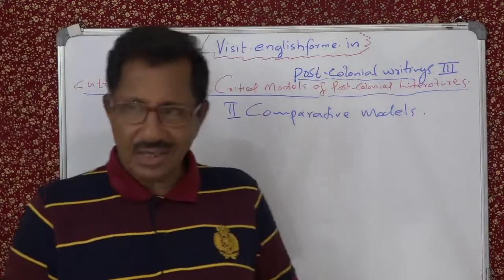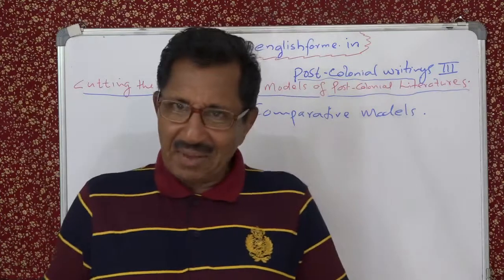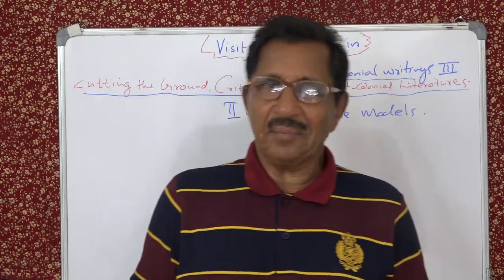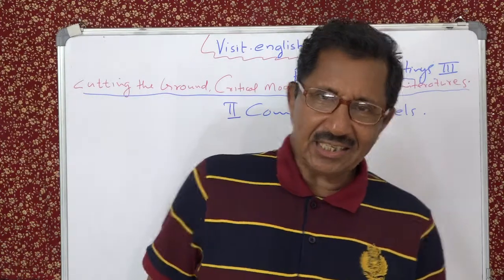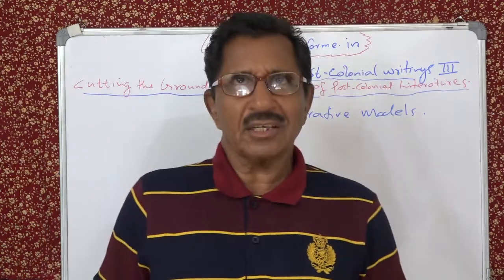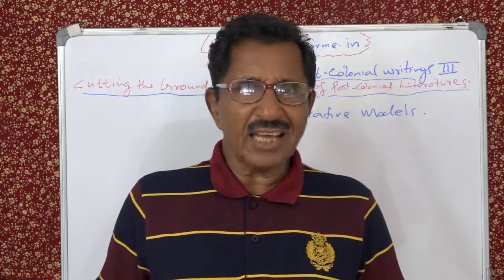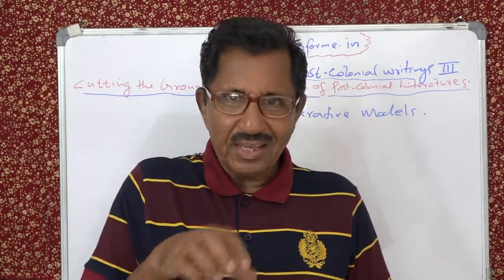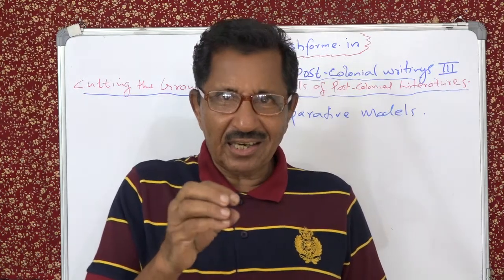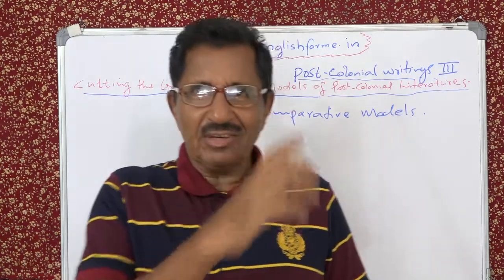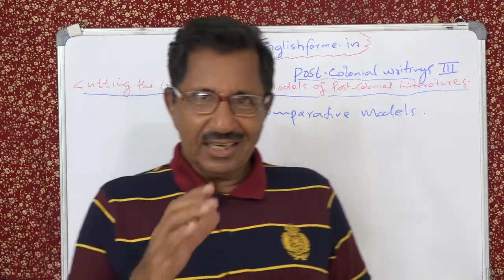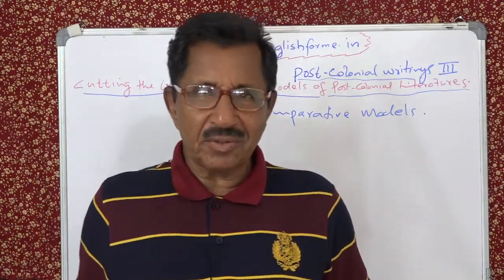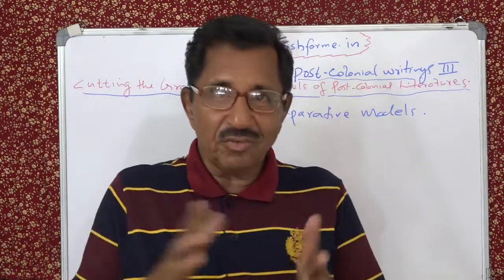Now here you should understand one thing: what is the status of the colonies as far as the empire is concerned? The empire looks at the colonies as the other. That is, within the British worldview, the colonies are a kind of contrastive element, something different from them. And they do not bother much about the differences between the colonies.